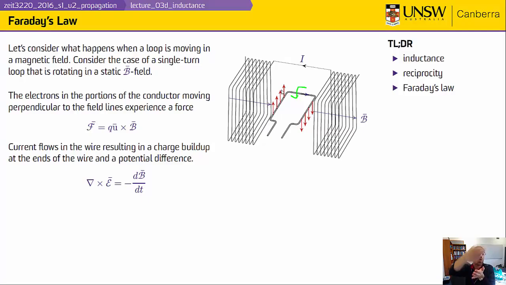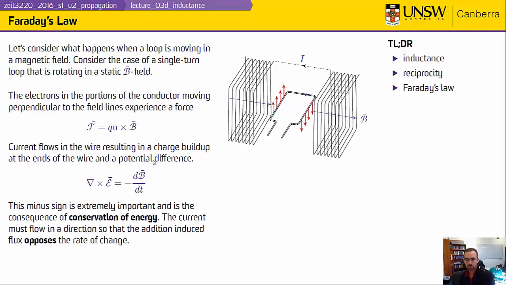So that creates more current, which increases the flux more, which creates more current, and you end up with a problem that goes out of control very quickly. And so this is the concept of an energy minimization, a conservation of energy, in the sense that the induced current is going to oppose the change in the flux. That's what's said here in words.